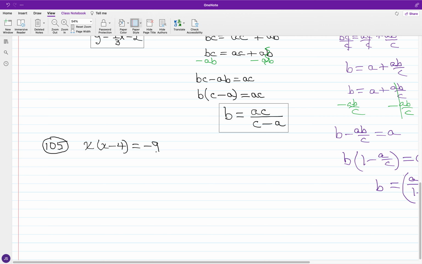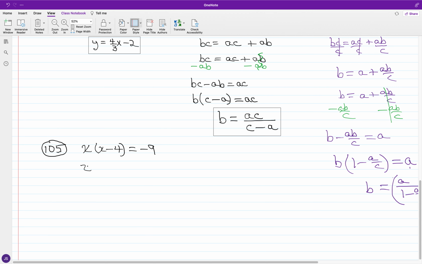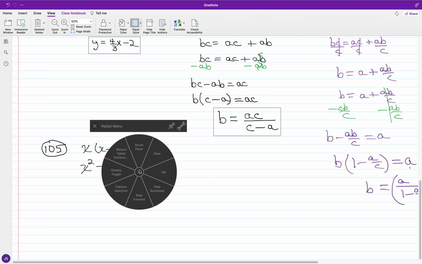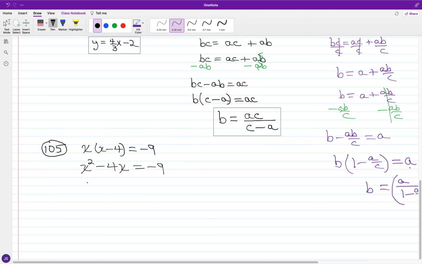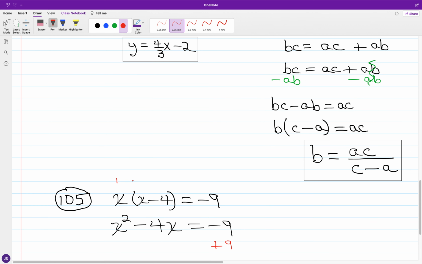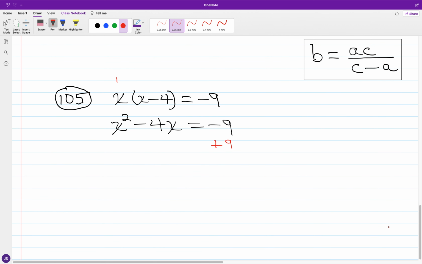Looking at distributing, I have x squared minus 4x is equal to negative 9. So I have a quadratic equation that is not yet set up in standard form, and I can just go ahead and add 9 to both sides.